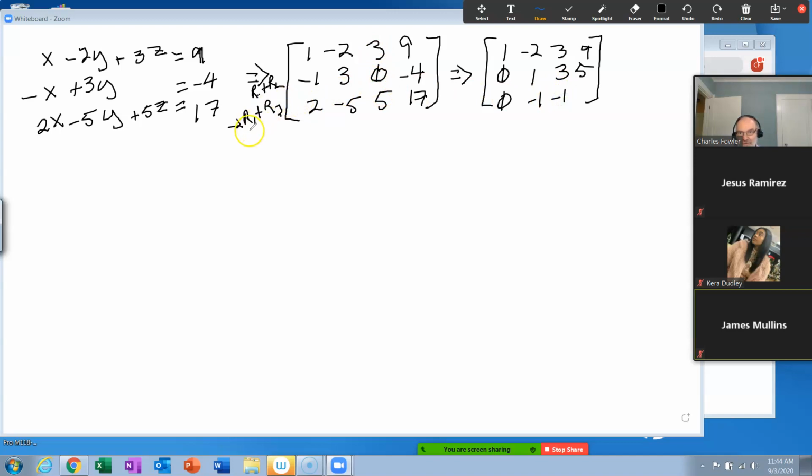This should be looking familiar. And -2 times 9 is -18, plus 17 is also -1.